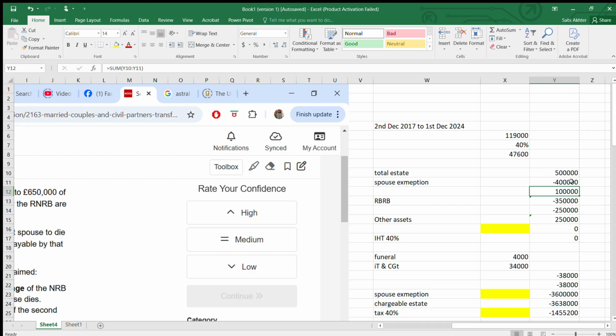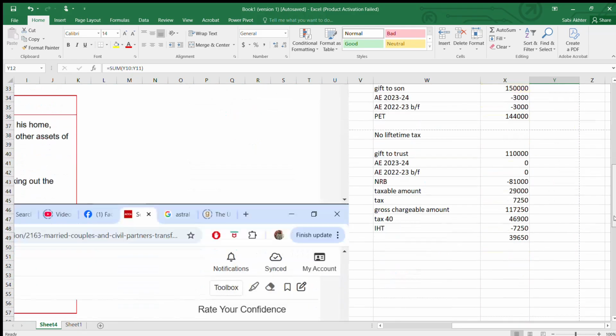You see, 100,000. And from this 100,000, you see, the whole estate is less than 285,000, the nil rate band. So the entire amount will be taxed at 0. Okay. How much Deborah used? 100 of 285.